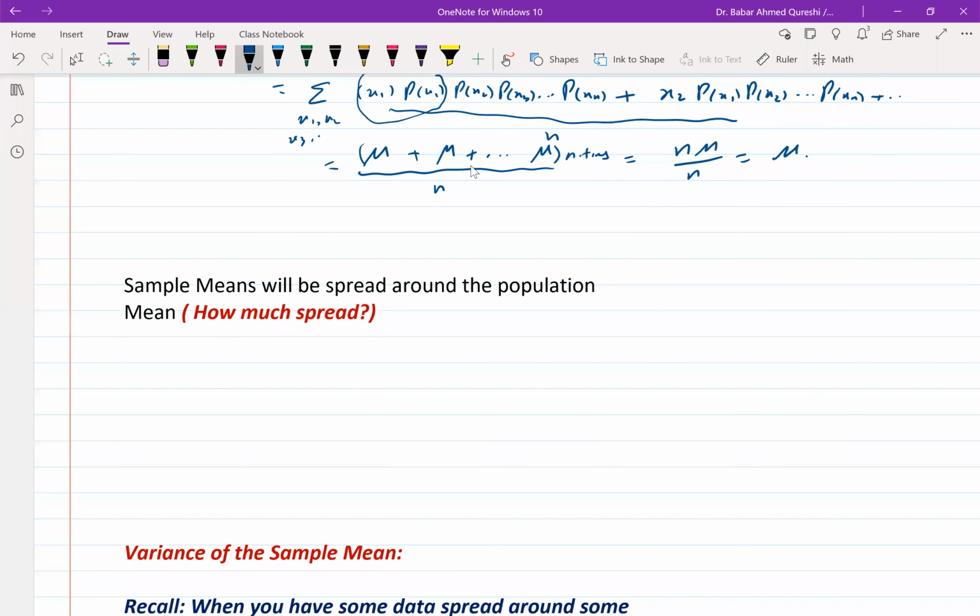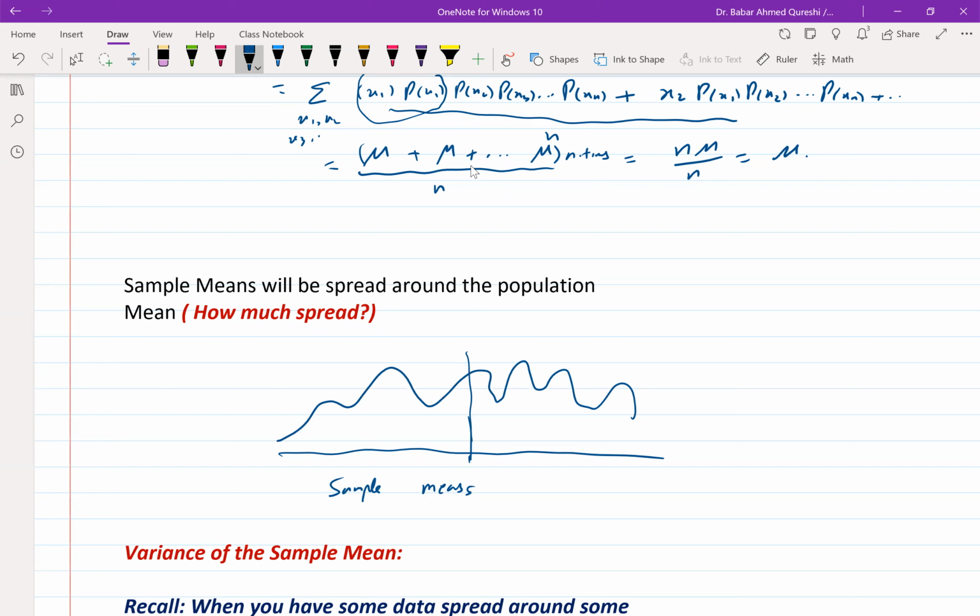So what it's actually saying is that whenever you pick samples and draw the distribution of sample means, this distribution may look weird, but it will be centered around the population mean. Sample means will be spread around the population mean. So that's the main lesson over here.